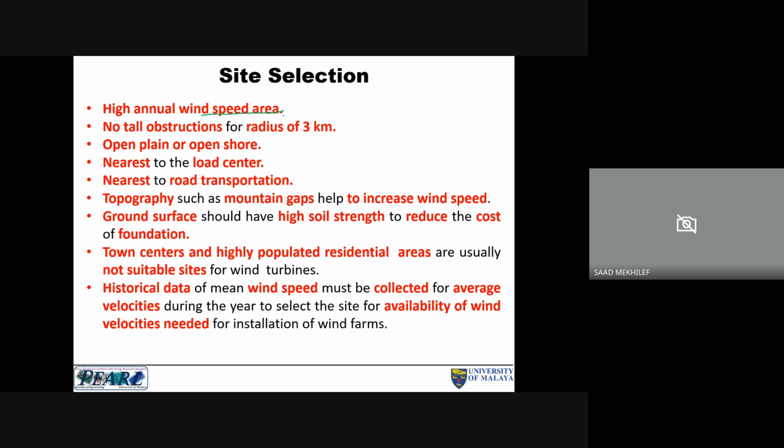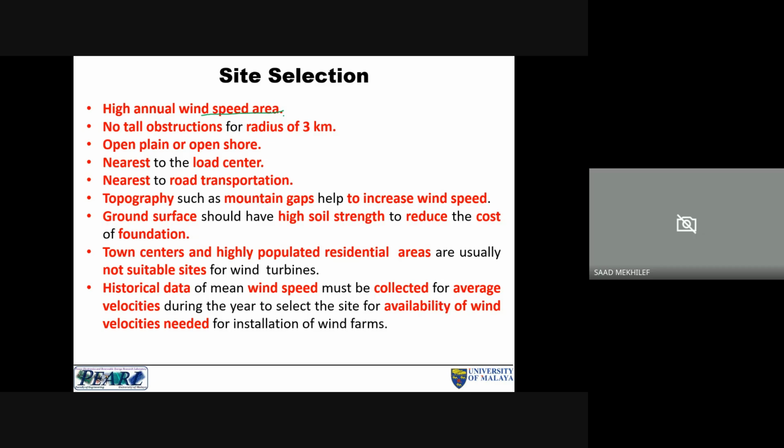Cut in is the minimum wind speed that makes the turbine work. It's the same as solar. We have the number of sunlight hours and the effective solar we can use. For example, out of 12 hours, we may only have 6 or 7 hours of good sunshine that can be converted to power. The same thing with wind.